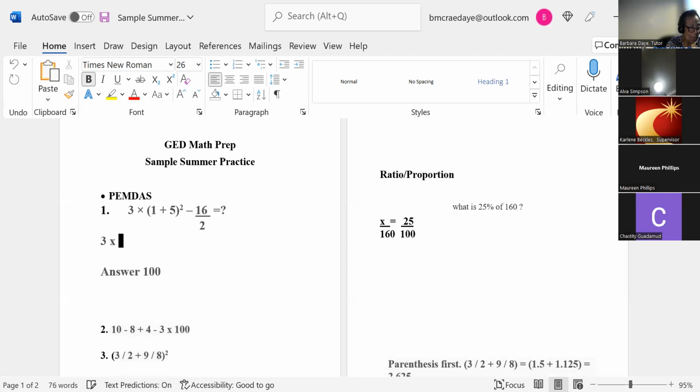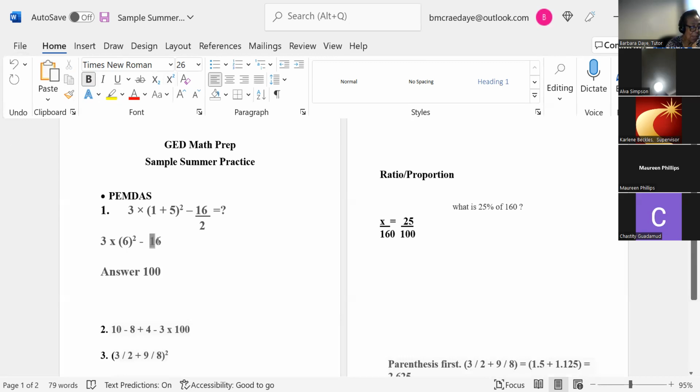Okay, let's do it in steps. 1 plus 5 is 6. So then this becomes 6 to the second power, right? Yes. And minus, then we have our 16 over 2. So we took care of the parentheses, right?